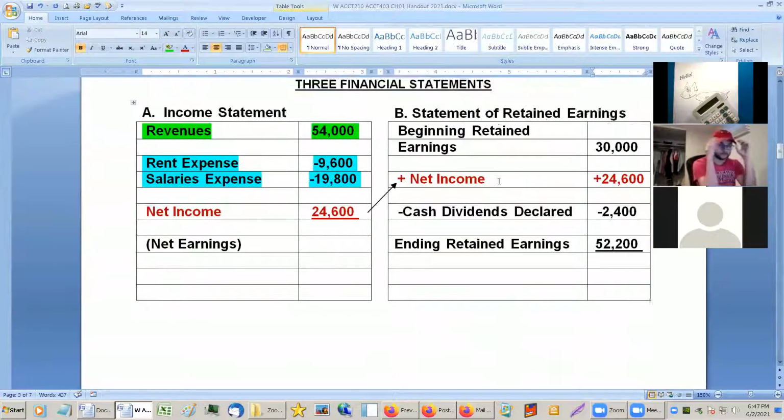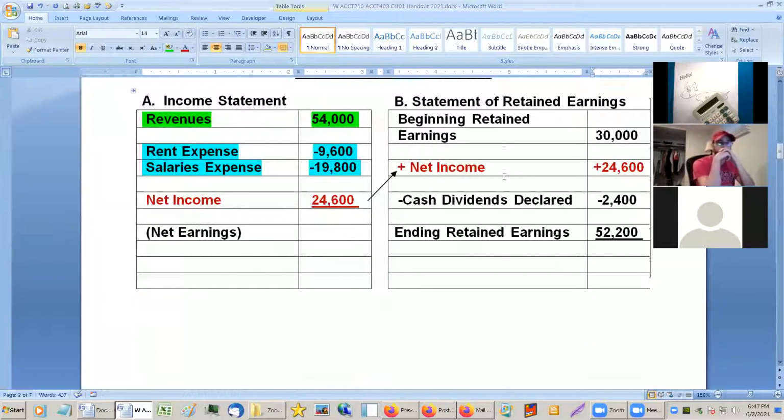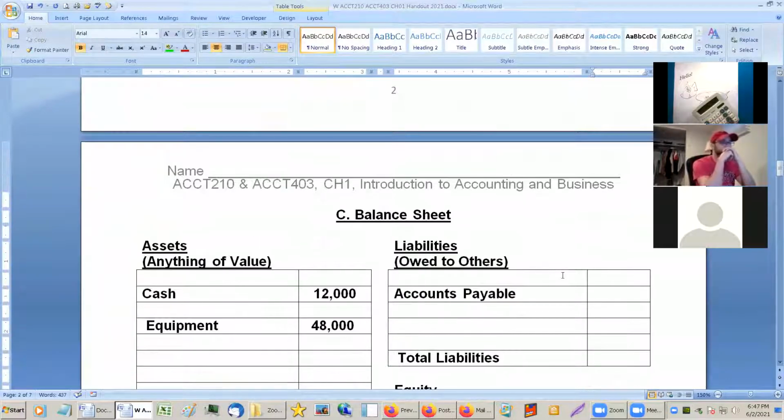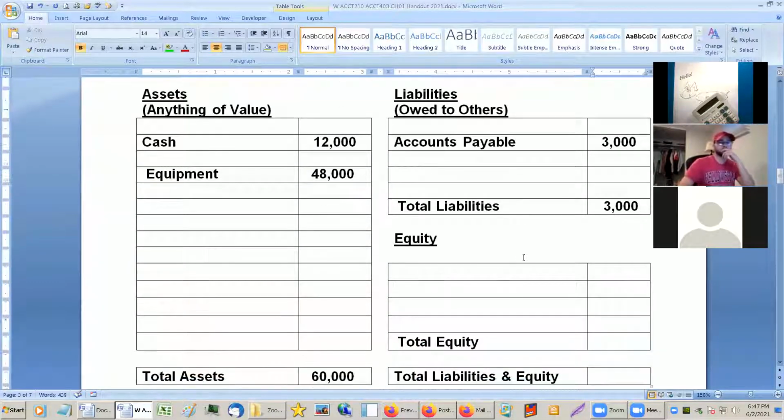Just that quick, I forget. 3,000. It's gonna look a little silly, but the total liabilities are 3,000. Probably don't need that, but. Okay.